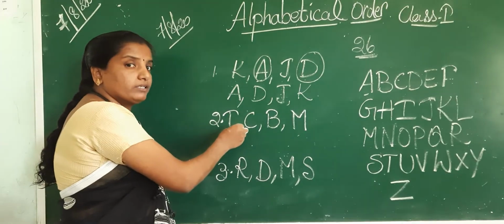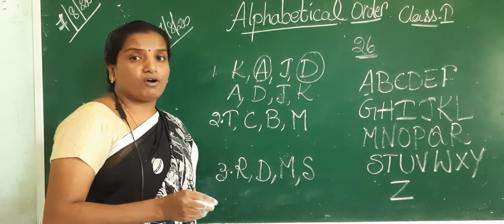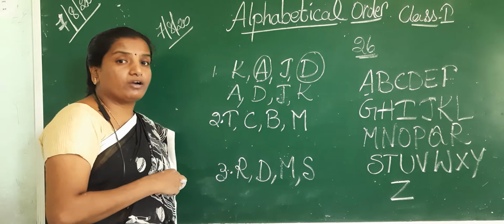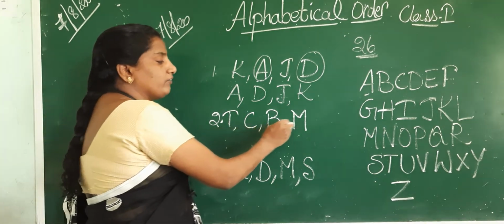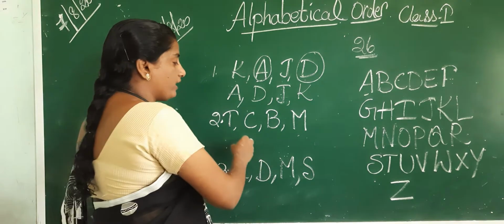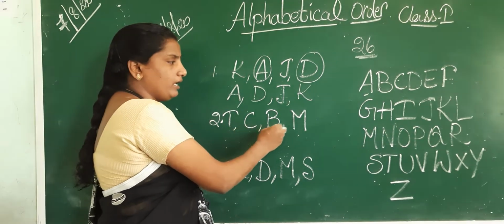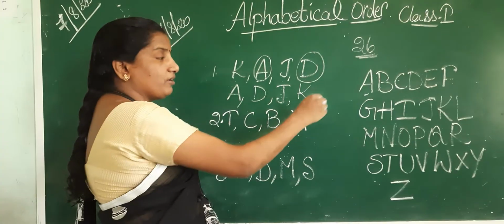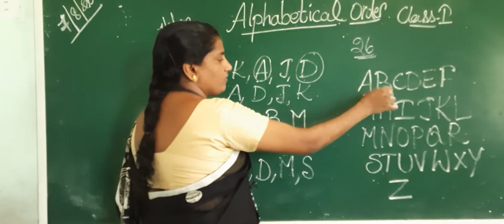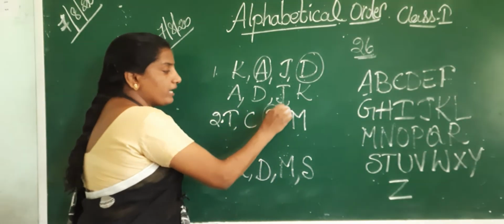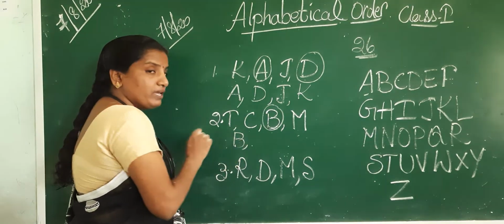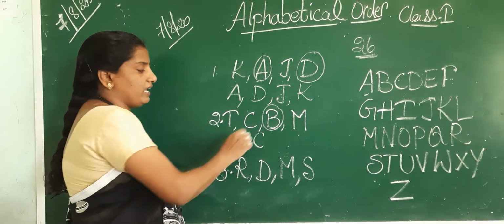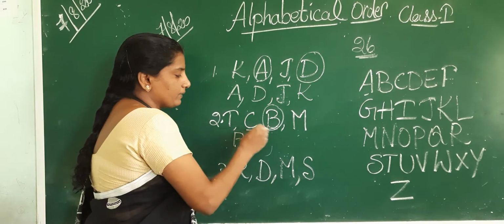The next example is also given to you in jumbled form. In the jumbled form we have to write it in alphabetical order. See children, if you observe the 4 letters given to you, what are they? B comes first. Then after B, which letter? C. B, then C. C is also completed.